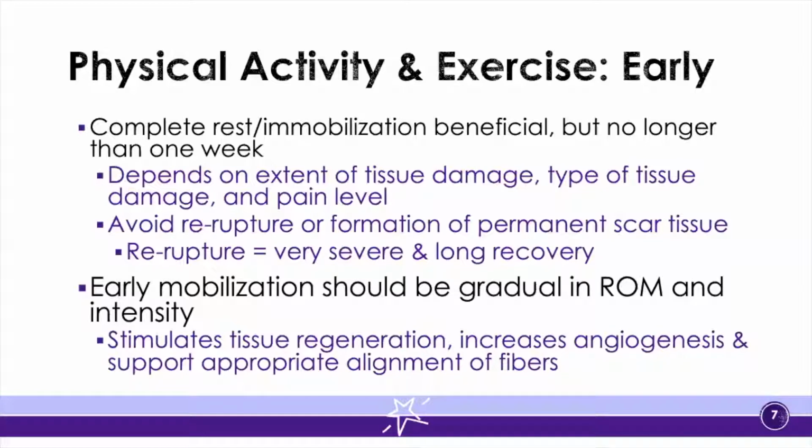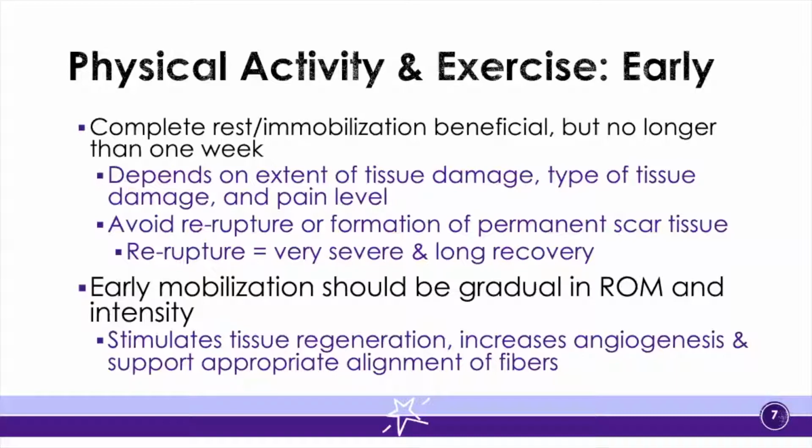Based on pain, we can start to introduce some range of motion activities, using pain as our feedback mechanism on whether we should continue increasing range of motion or increasing intensity. So we can have them not bear any weight on the sprained ankle, but instead start moving it in different directions just to increase the mobilization of the injured part itself.